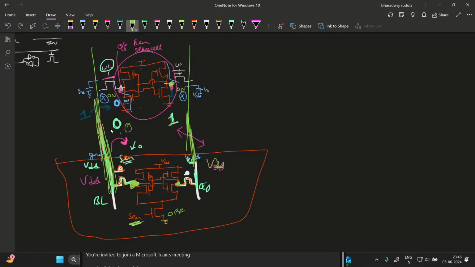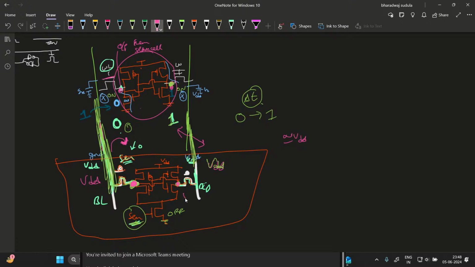So sense enable will be enabled within a fraction of seconds, a very small time. Within this small time, we will have a small voltage drop here, not up to VDD, it is more close to VDD.